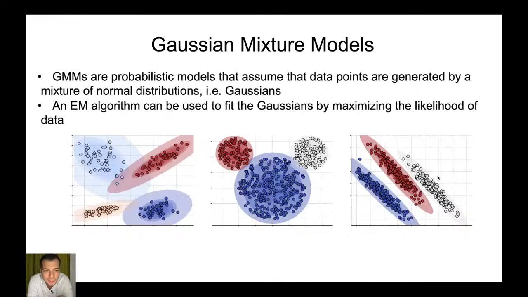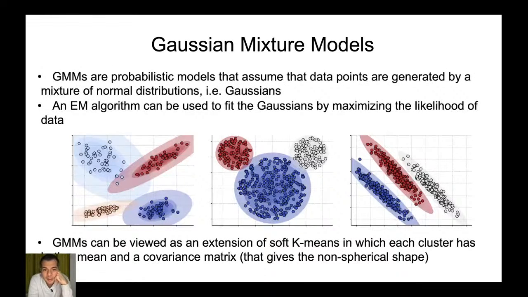So in these cases, Gaussian mixture models will output better results than k-means or soft k-means. We're not going to detail too much about this approach, but just to mention that this can be viewed as an extension of soft k-means, in which the cluster has both a mean, the centroid, the average, and also a covariance matrix that gives the shape of the non-spherical cluster.